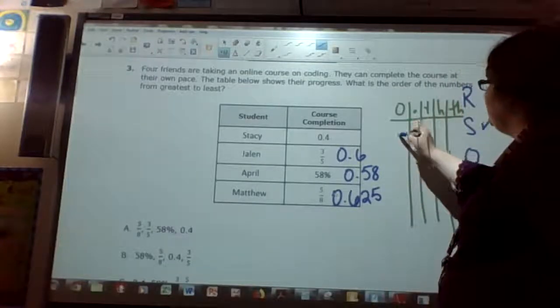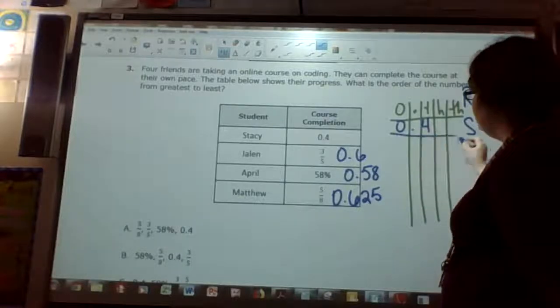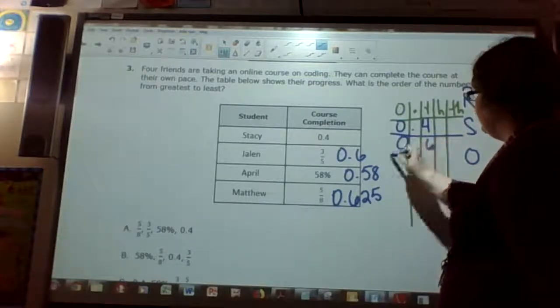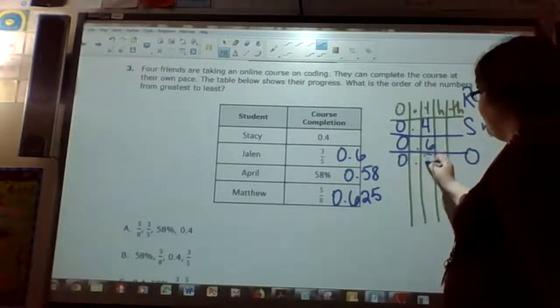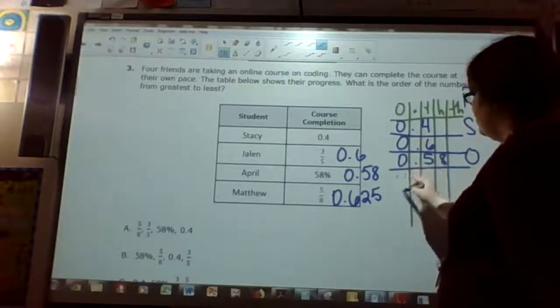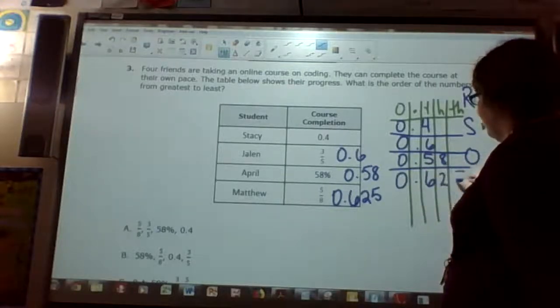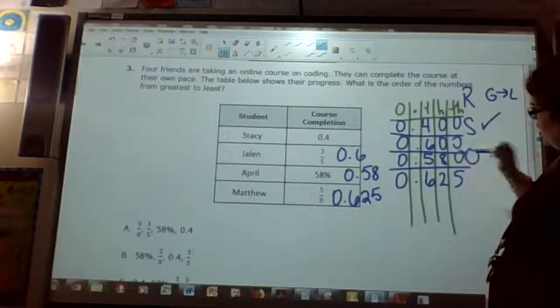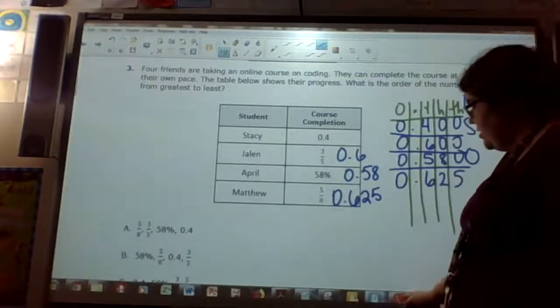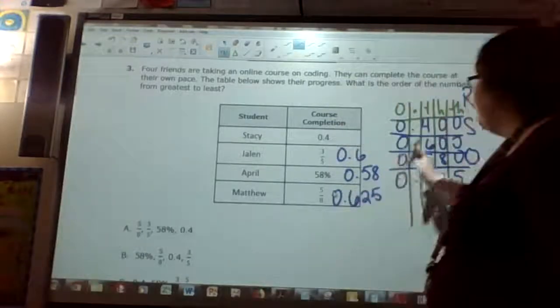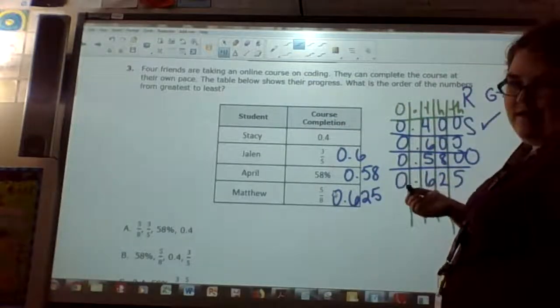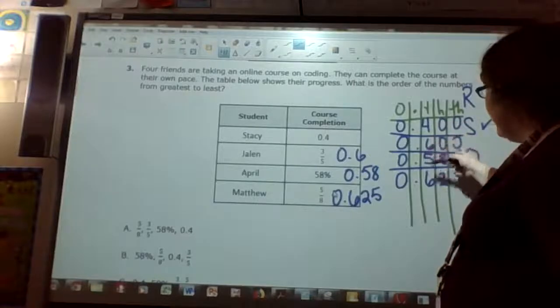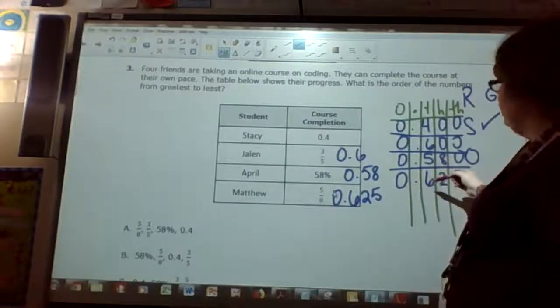So I have 0.4, 0.6, 0.58, 0.625. I'm going to add placeholders. And I'm going to look for the largest number. So the largest number, zeros, they're all the same. 4, 6, 5, 6. So I'm going to go with my sixes.